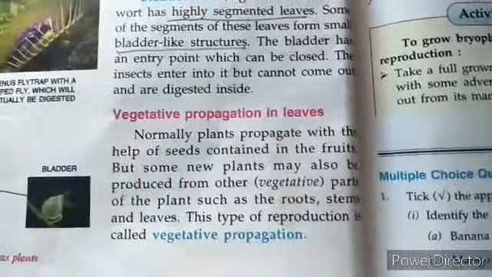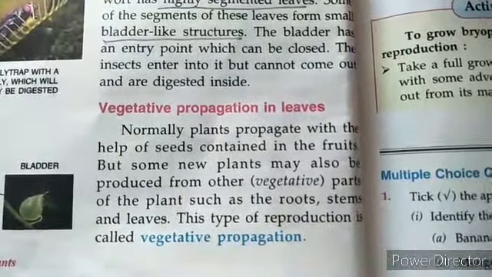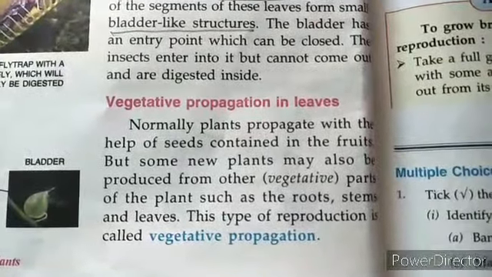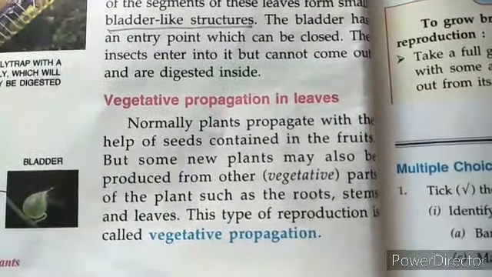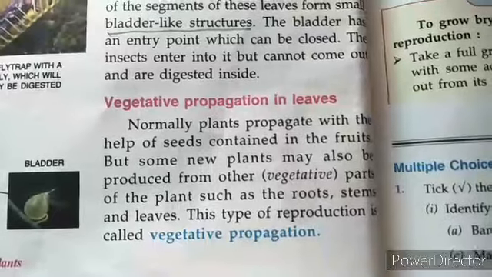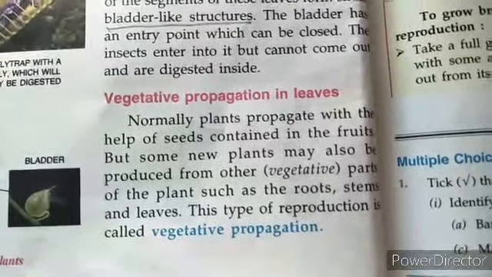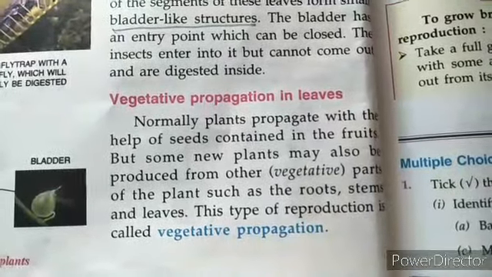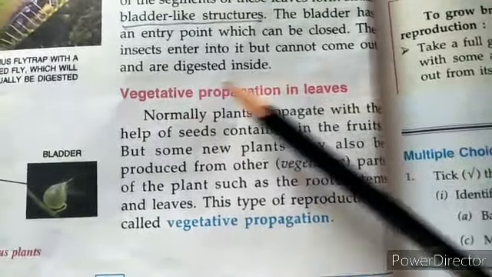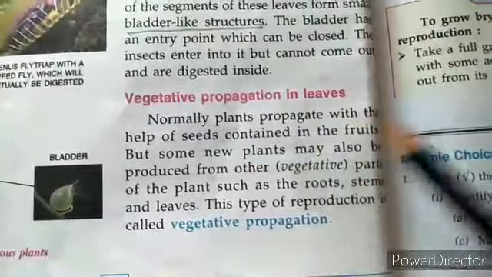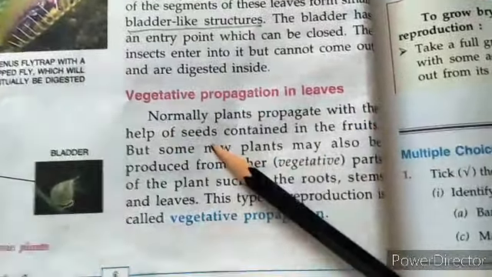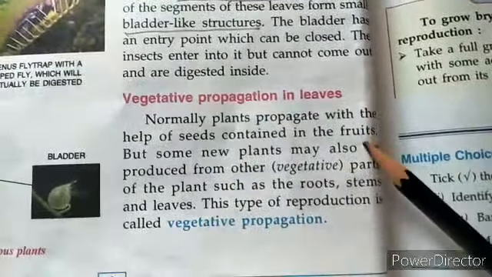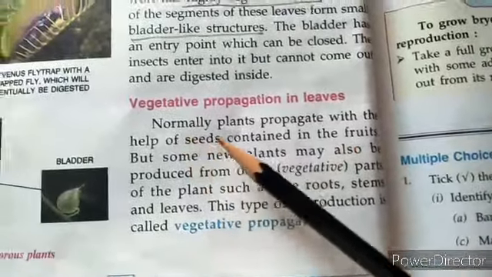Then we come to the next topic, which is vegetative propagation in leaves. As the name suggests, vegetative propagation means propagation without the development of a seed or without sexual reproduction. So normally plants propagate with the help of seed contained in the fruit. This is normal.